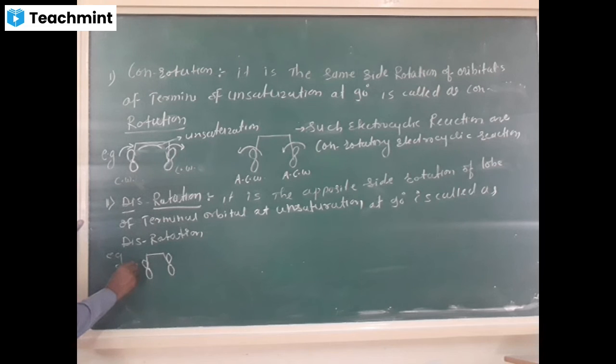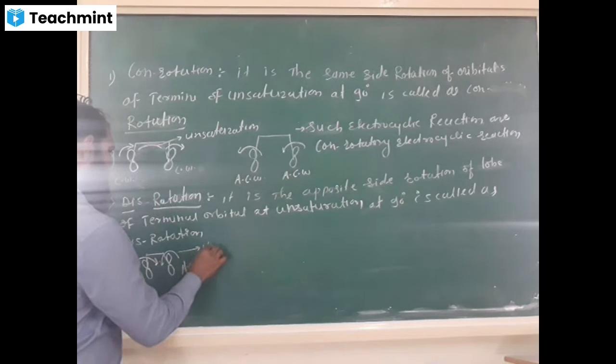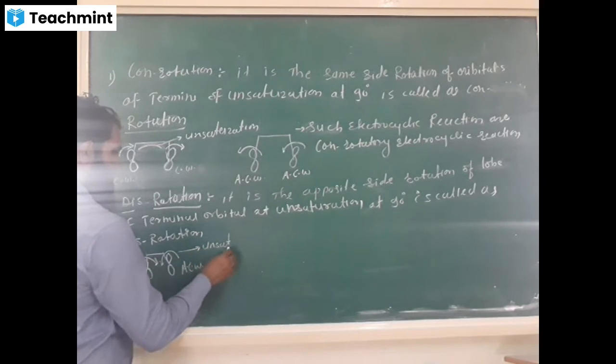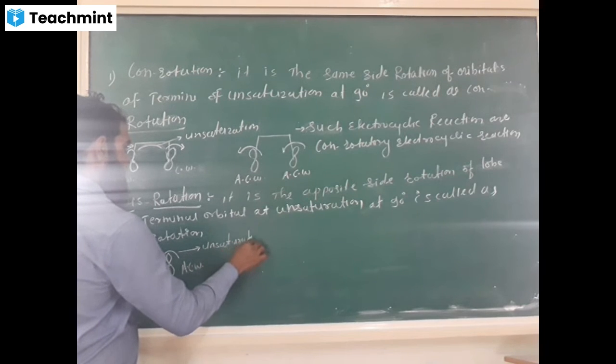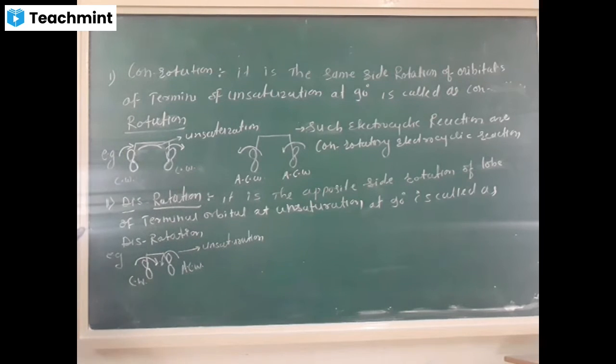If one lobe is rotated in a clockwise direction and another lobe is rotated in an anti-clockwise direction, so one lobe is rotating this side and another lobe is rotating that side, then it is disrotation. We will call this disrotation.